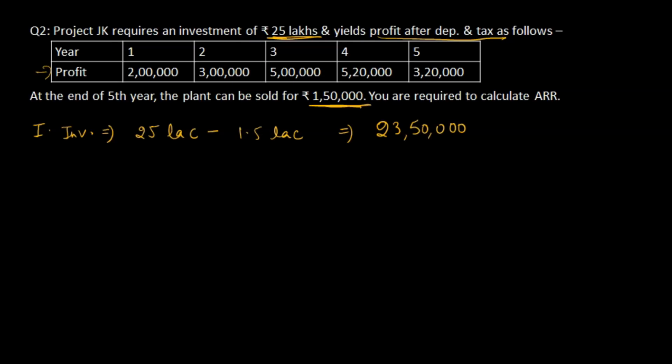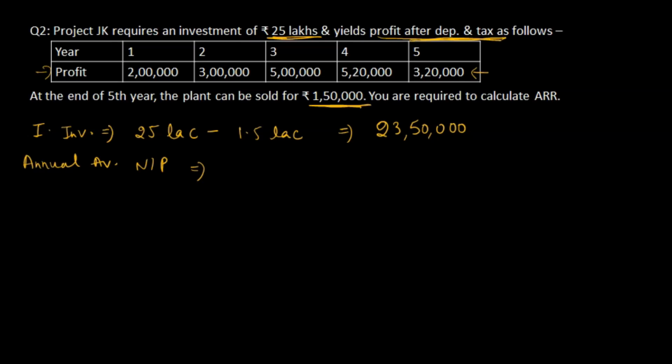Now for the numerator we need annual average net profit after depreciation and tax. They have already given profit after depreciation and tax, we only need to find out the average. So you have to add all these 5 years' profit and divide it by 5.